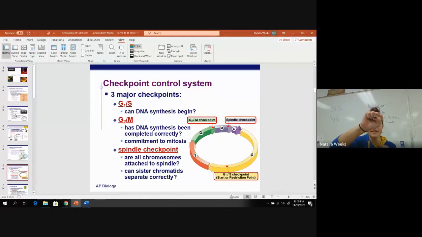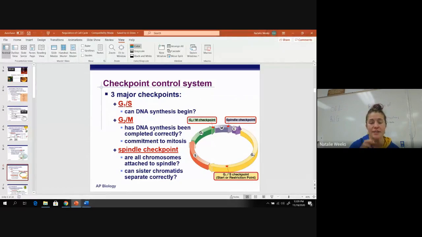Because if we divide a cell that's not yet big enough, we're going to get too little, like the people that have little baby hands, those creepy little plastic things. We don't want the cells to get smaller and smaller and smaller. We want them all to be the same size. So that is our first checkpoint, to make sure enough growth has happened.